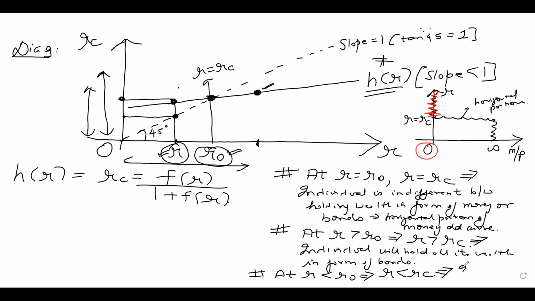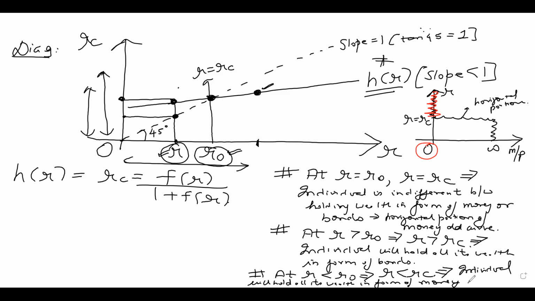When R is less than RC, the individual will hold all its wealth in the form of money. When your actual rate of interest falls below the critical level, the individual is going to hold all its wealth in the form of money.